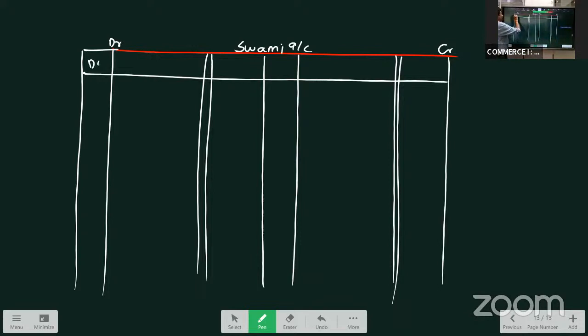Date, particulars, JF, amount. Date, particulars, JF, amount.